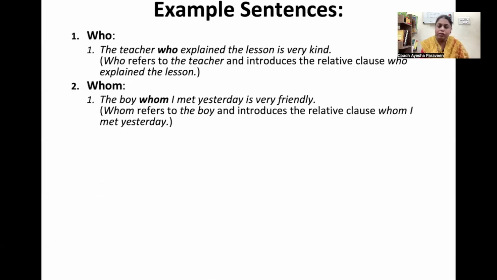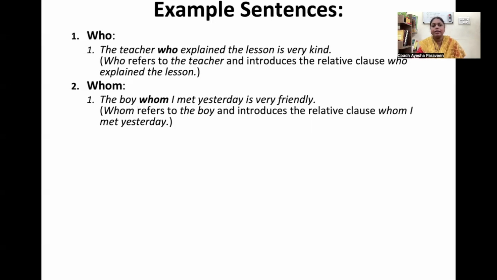Whom, again, whom is also for people. For people only we use whom. In this sentence we are talking about the boy. The boy whom I met yesterday is very friendly. So here the boy is not in the subject place. The boy is in the object place.